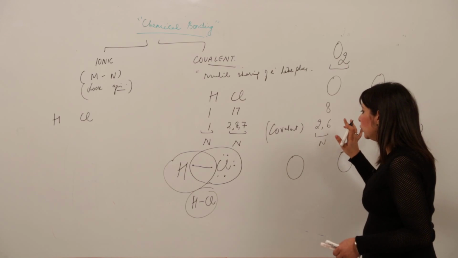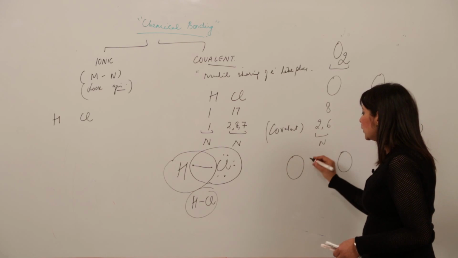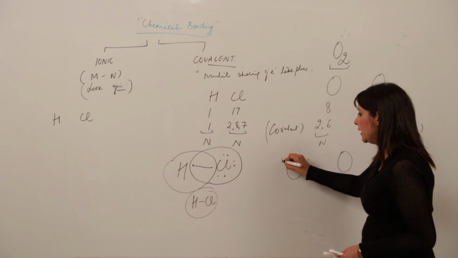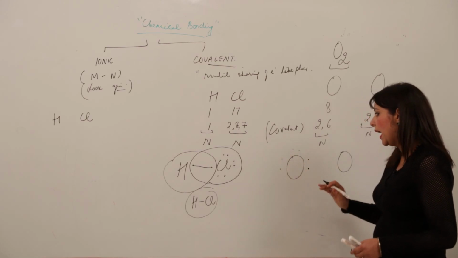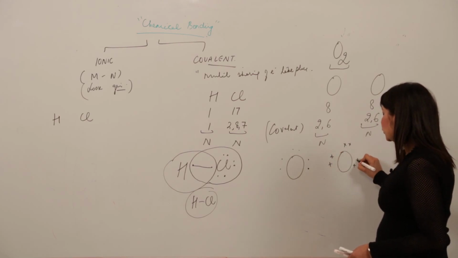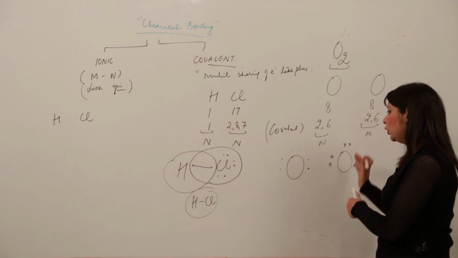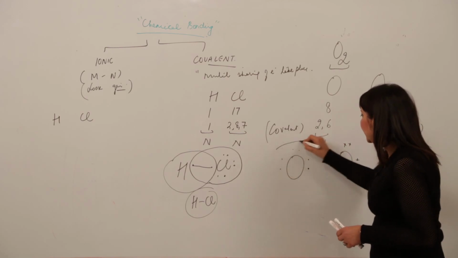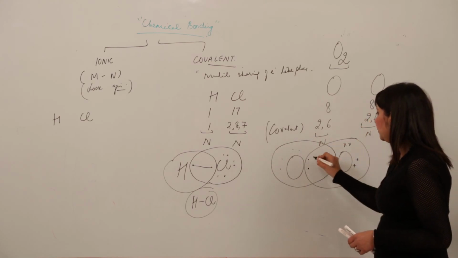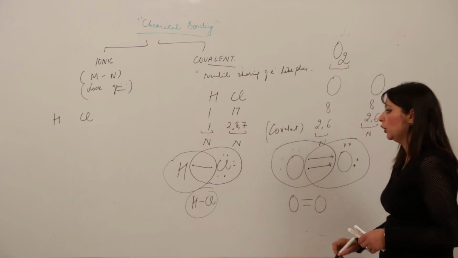You have to put that many electrons in the middle, because only then will we be able to make an electron cloud. So it has 6 and it also needs 2 electrons. So we are putting 2, 4 and 6. These are the electrons it already has. Similarly for this one, I am indicating with crosses just to make it clear that the dotted electrons belong to this atom and the cross ones belong to this atom. Now they will mutually share like this, and it will also mutually share like this. So that means 2 electrons are being shared. So this is called a double covalent bond.